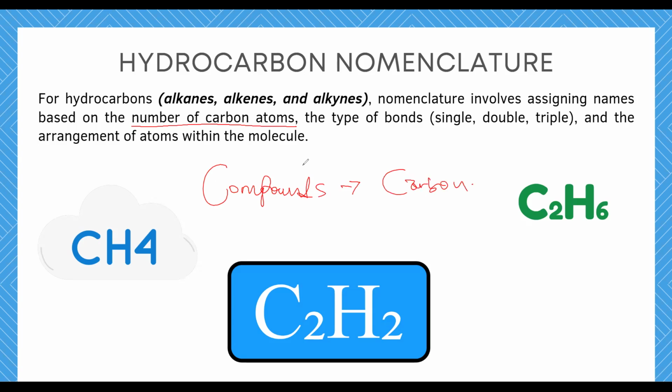So today, when we're learning how to name organic compounds, you need to pay attention to the number of carbon atoms that are present. And then you need to pay attention to the type of bonds that are also present, whether it's a single bond, a double bond, or even a triple bond. We're going to be learning what all of those things are all about.